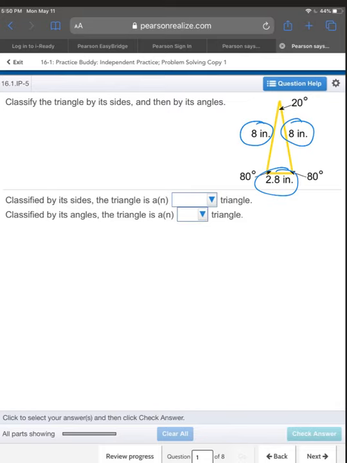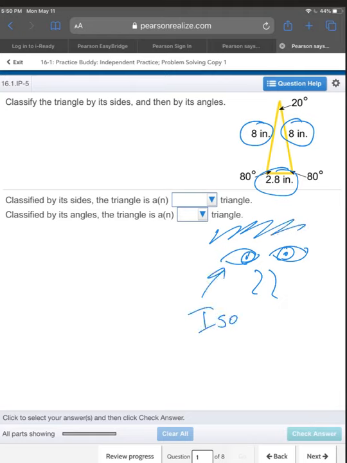In the triangles overview video, we talked about that when two sides are the same, we think about our eyes because we have two eyes the same. And when we have two eyes the same, that's isosceles. So this first one, you would choose isosceles.